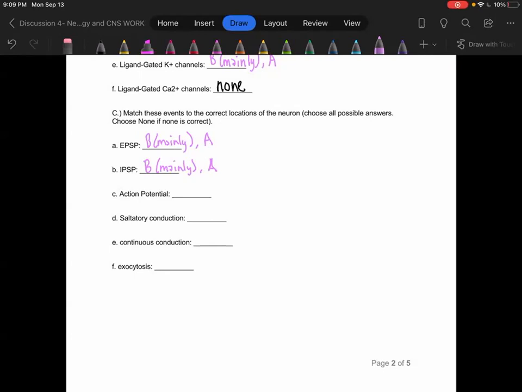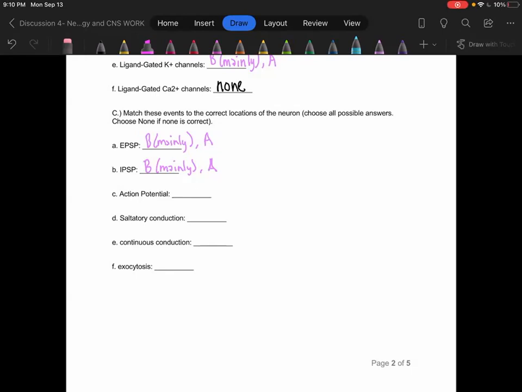You can also think of the ligand-gated chloride channels opening, which we haven't learned about yet, but we will. But when ligand-gated chloride channels open, chloride will flow in. Chloride is a negative ion, which will cause the cell again to become more negative and repolarize. And that would be one of those inhibitory postsynaptic potentials.